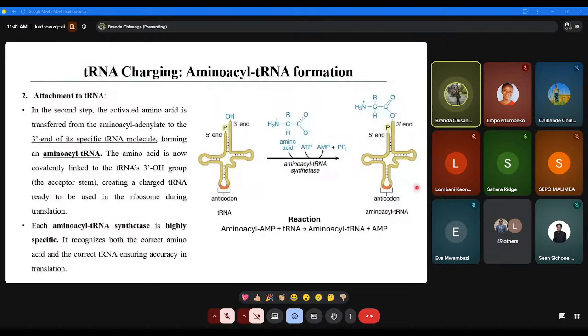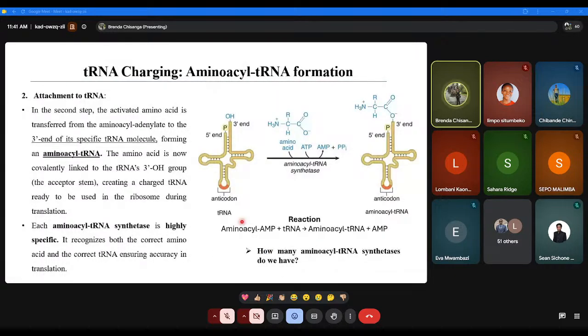What do we mean by charged tRNA? A charged tRNA is a tRNA that is carrying an amino acid on its 3' end, which corresponds to the anticodon. By corresponding to the anticodon, meaning that the information on the anticodon can form complementary base pairing with the information on the codon on the mRNA in the ribosome, of course.